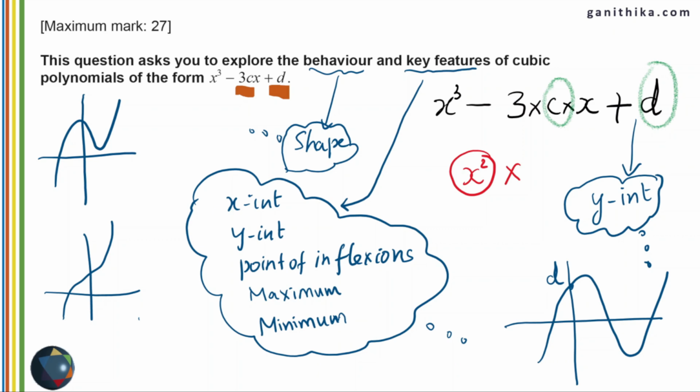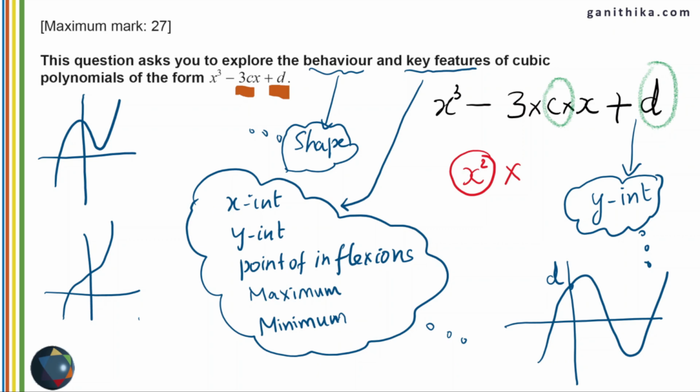In this case, you have no x square term and d will be your y-intercept, and there are different forms of the shapes of this curve for x cube minus 3cx plus d. Make a note of all this information in your paper before you start with your questions. This can be on your rough paper as well. It need not be shown on the paper. So just on your extra sheet, write down all that comes to your mind from this first statement.